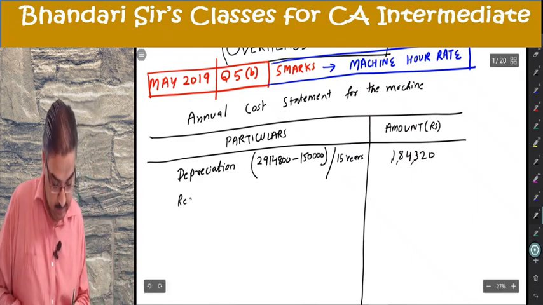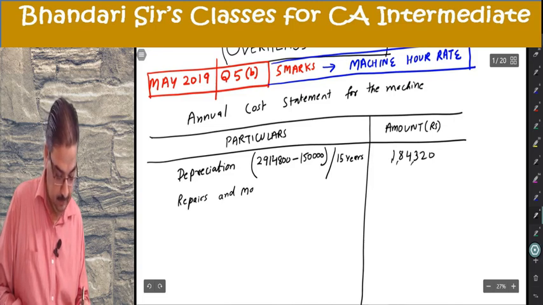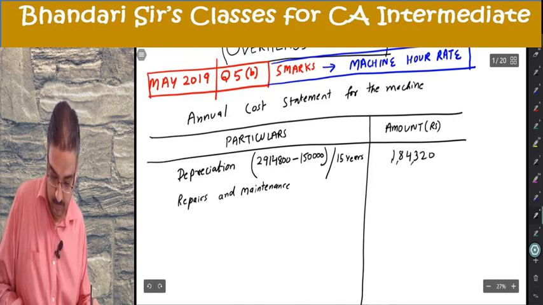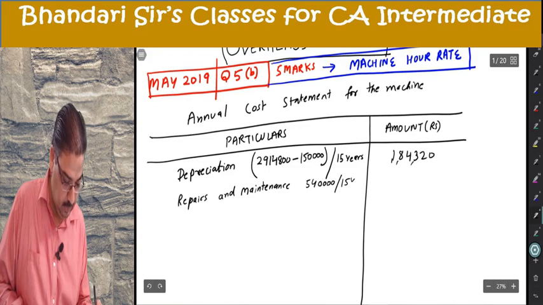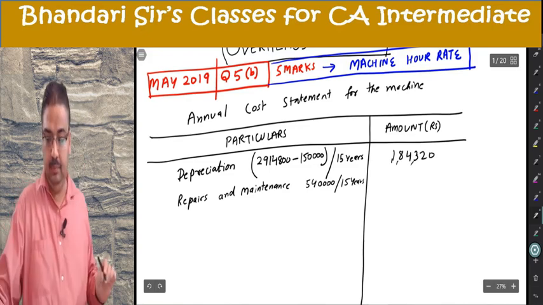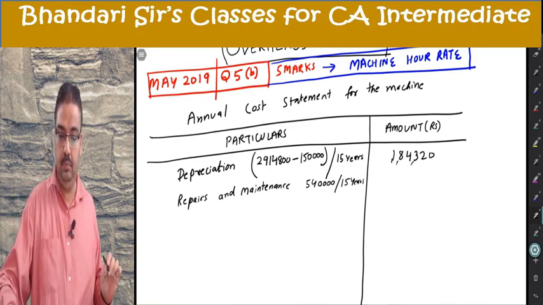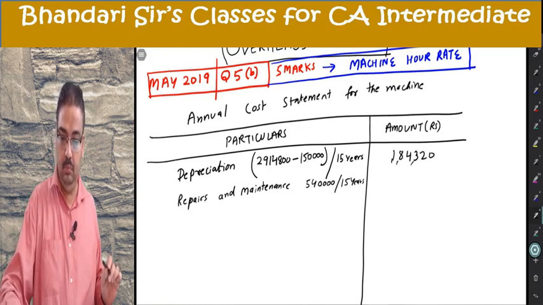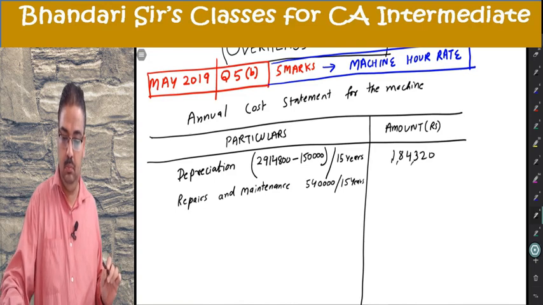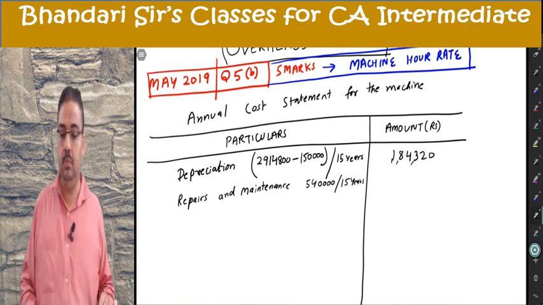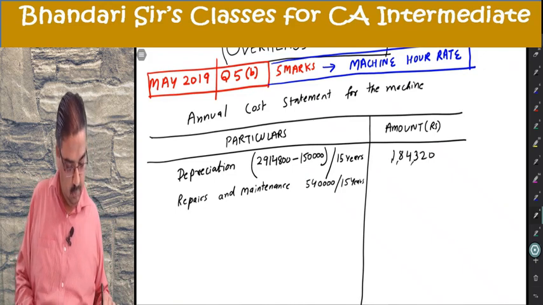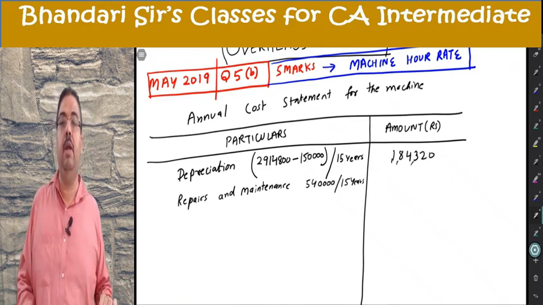So repairs and maintenance, 5,40,000 divided by 15 years.